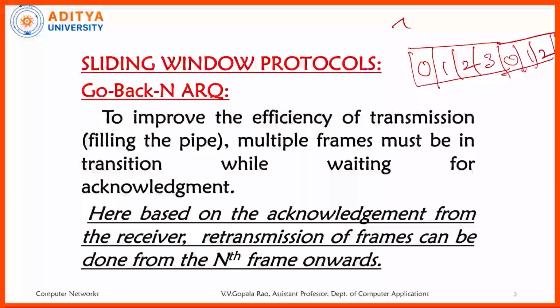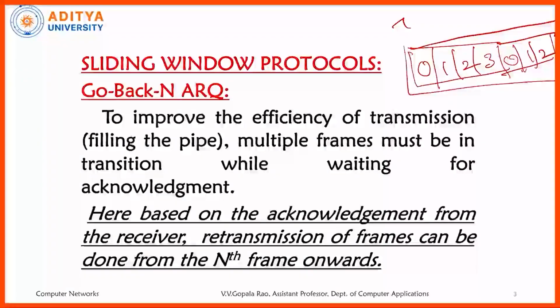So even though you have 7 frames, the frame numbers follow the concept of modular arithmetic, so we number the frames 0, 1, 2, 3, again 0, 1, 2, and so on. That also we are going to see in the coming slides. Of course, here I am going to show what the sliding window means.